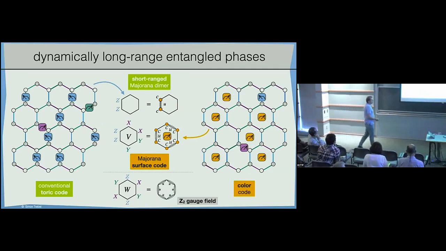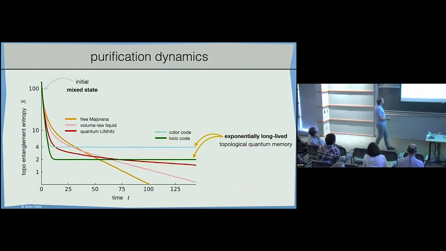Now let me show you how these are dynamically generated. If we start from some initial mixed state, and we look at the entanglement structure of this state, the topological entanglement entropy as a function of time, as we keep measuring these different operators, you see that dynamically two states start to flatten out.